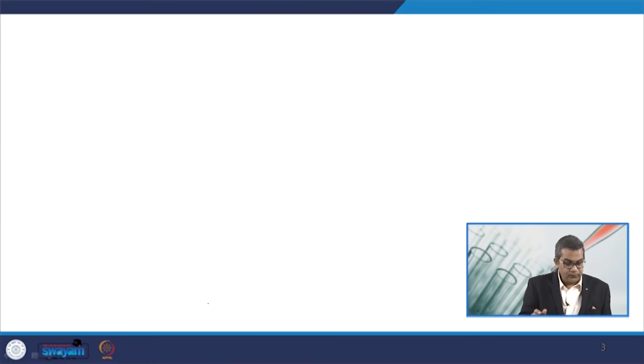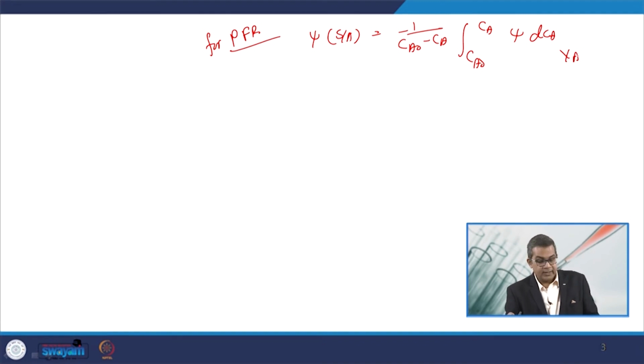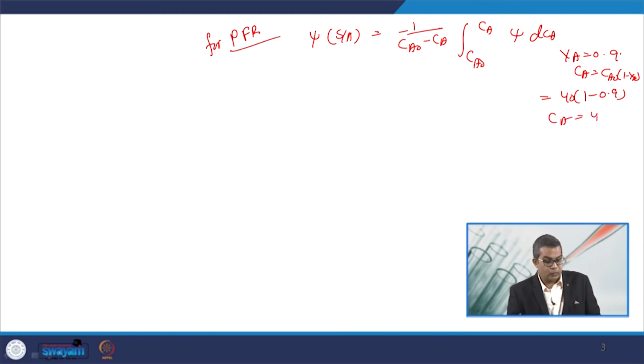Now for PFR, psi S upon A is equal to minus 1 upon (Ca naught minus Ca), integral from Ca naught to Ca of psi dCa. Now here we have Xa equal to 0.9 and Ca equal to Ca naught into (1 minus Xa), that is 40 into (1 minus 0.9), and Ca comes out to be 4.